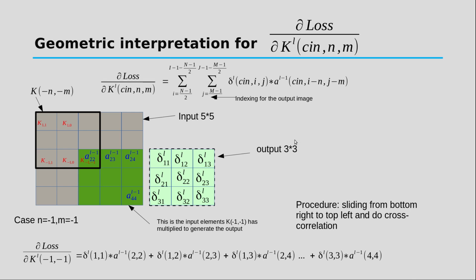So here I consider the specific case where m equals -1, and c is just one channel. So this is the output. The output is actually this green area element wise multiplied by this delta sensitive map.